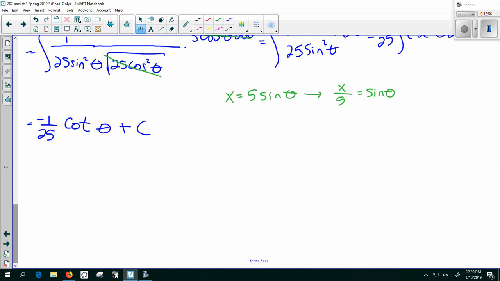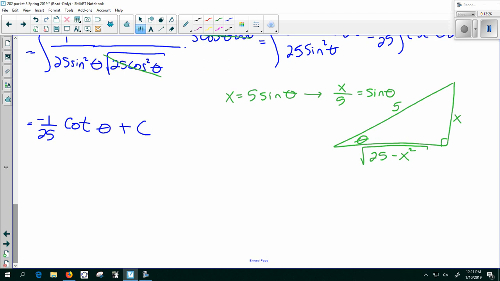So I'm going to draw a picture to represent this. So a right triangle. Here's theta. The sine of theta is x over 5, and in right triangle trigonometry, sine is opposite over hypotenuse. So this is x and this is 5, which leaves the second leg to be the square root of 25 minus x squared.